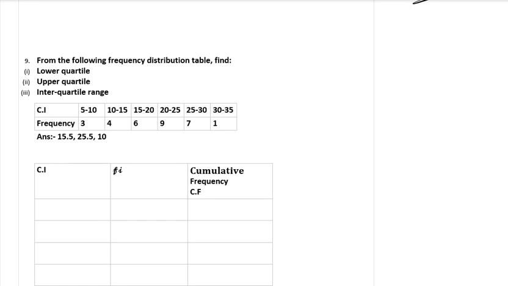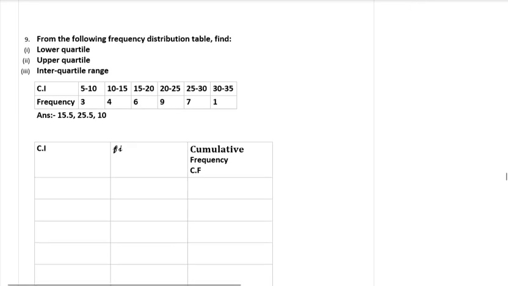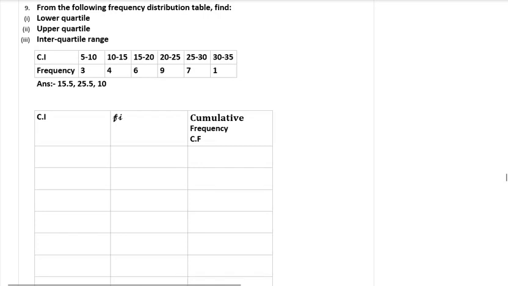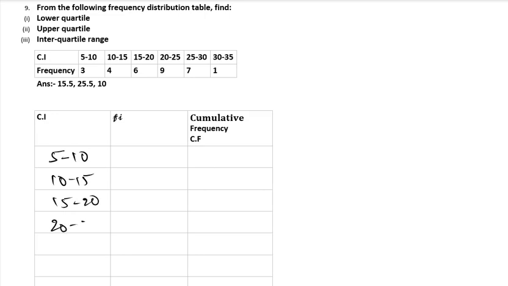Correct? So let's do this one then. From the following frequency distribution table, find the lower quartile, upper quartile, and interquartile range. They have not asked us to find the median, right? So directly we can go on and solve whatever they want us to solve. First class interval is 5 to 10, 10 to 15, 15 to 20, 20 to 25, 25 to 30, 30 to 35, right?